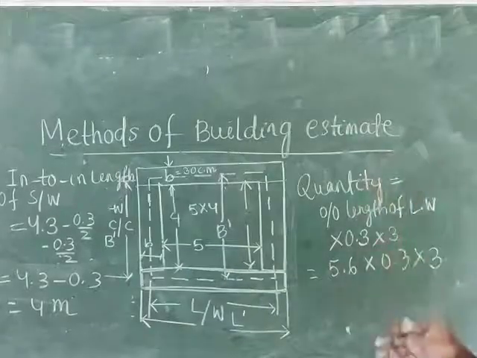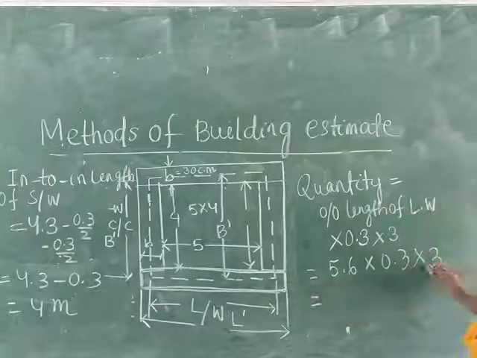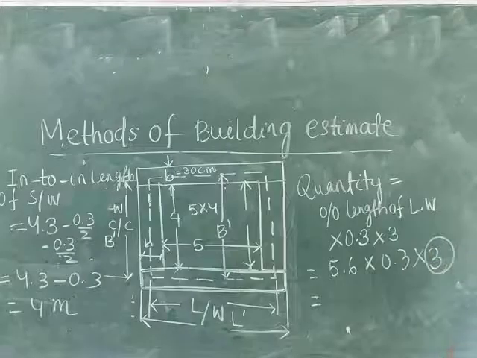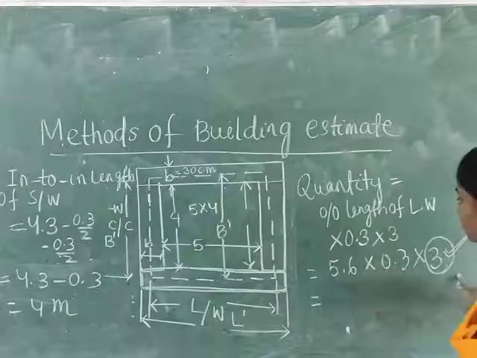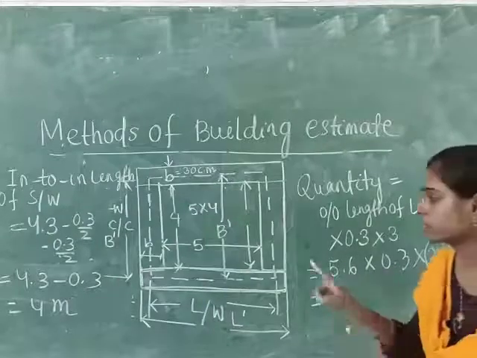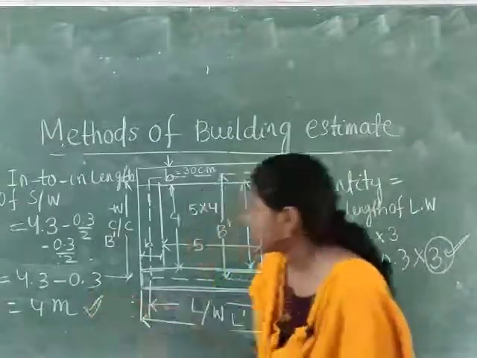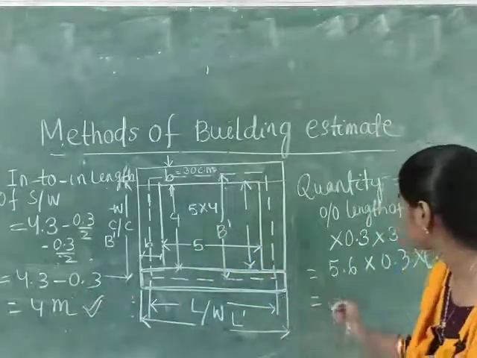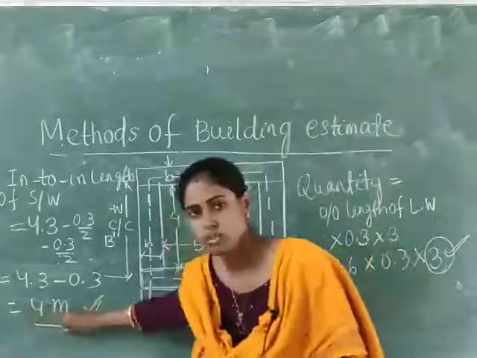As we are finding the quantity of brickwork in superstructure, you will take the ceiling height, suppose for example 3 meter. Then by multiplying, we will get the quantity of brickwork in superstructure in the long wall. Similarly, for the short wall, your length is given as 4 meter.